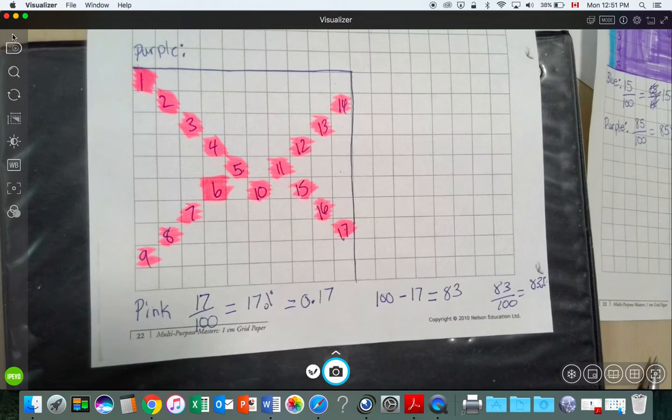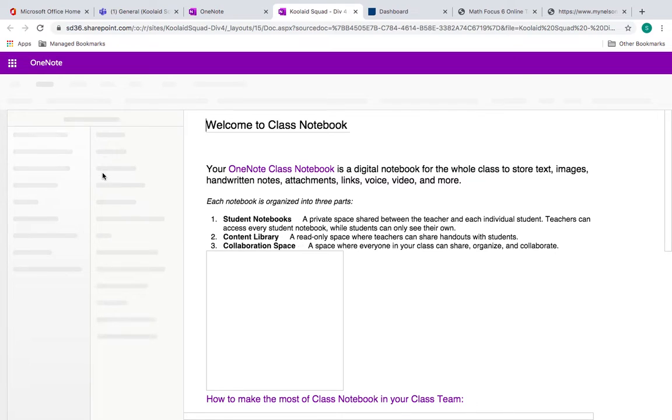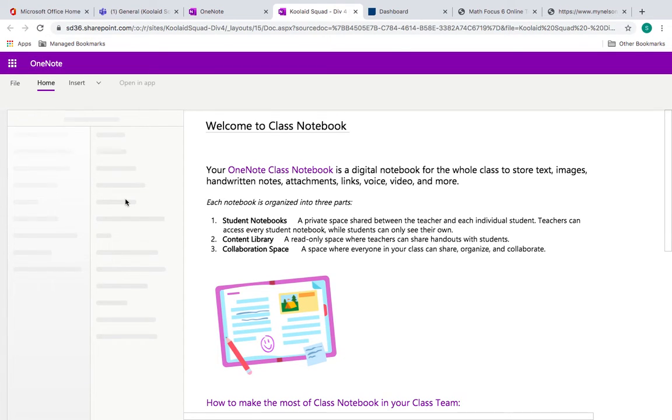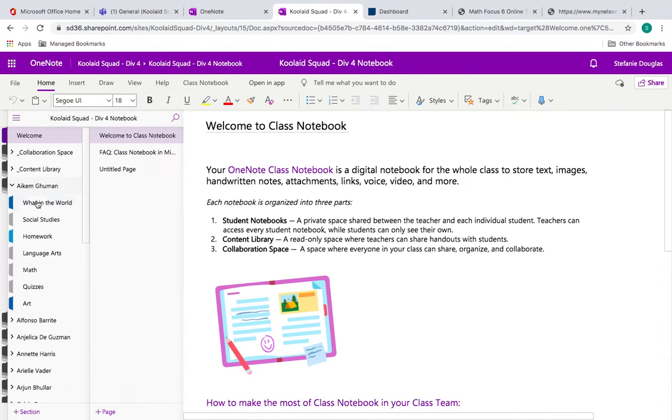Okay, I'm going to quickly show you how to do it on OneNote. So if you're in OneNote, and you're completing your math in here, not on paper, you would do it in your math tab right here.